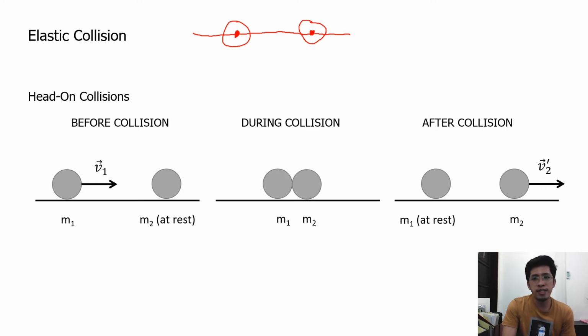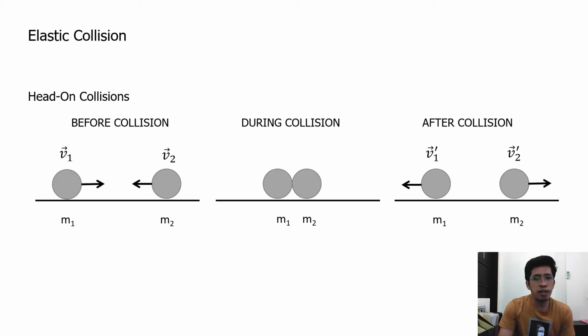It comes to rest, but it totally transfers its energy to mass two. Again, in an elastic collision, your K initial is equal to your K final, so your kinetic energies are conserved. What happens here is that the energy of mass 1 is transferred totally to mass 2.